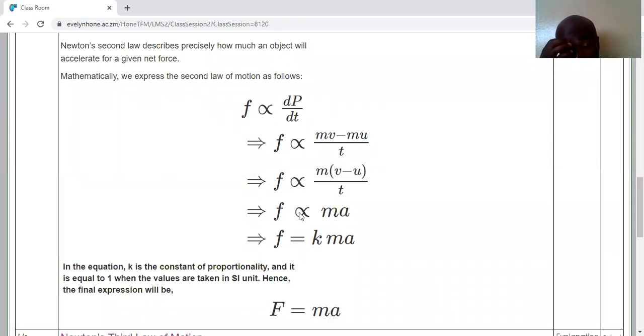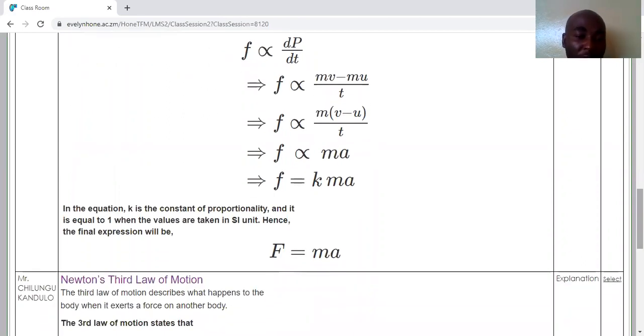When you remove the proportional symbol, you put a K. So you say F equals K m a. This K is always equal to 1. The proportionality constant by experimentation has been found to be equal to 1. Why? Because when they took a 1 kg body and applied a 1 Newton force to that 1 kg body on a frictionless surface, it was discovered that the acceleration was 1 meter per second squared.